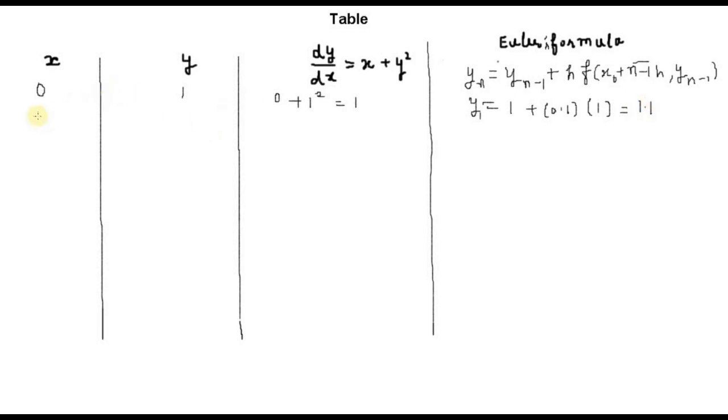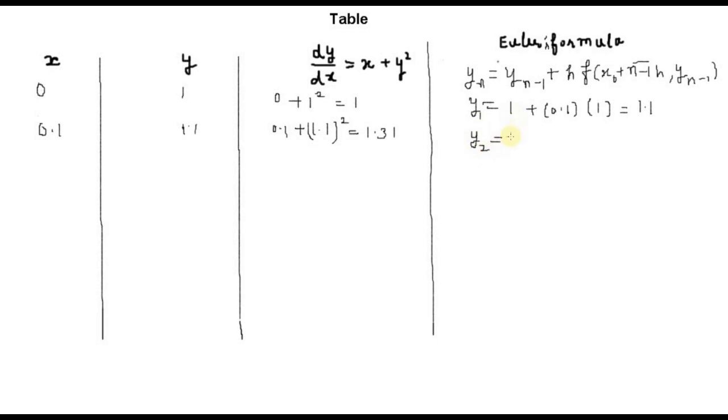Now we come to the second step, in which we have taken an increment 0 plus 0.1. y1 is 1.1, which is obtained from Euler's formula, so it is 0.1 plus 1.1 square. Calculating it, this is equal to 1.31 using the calculator.